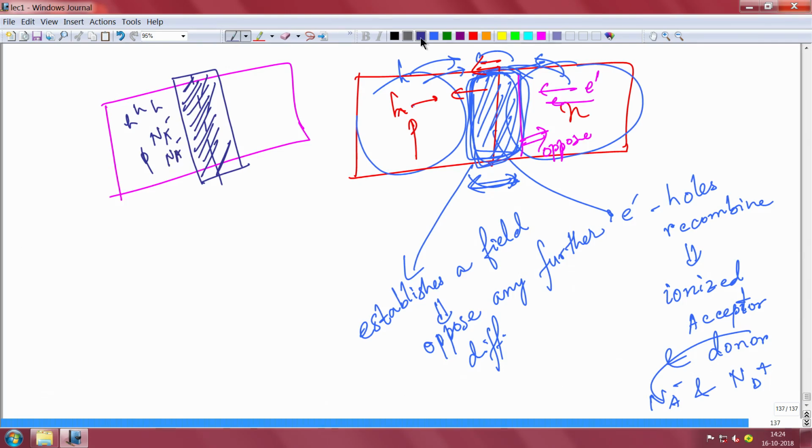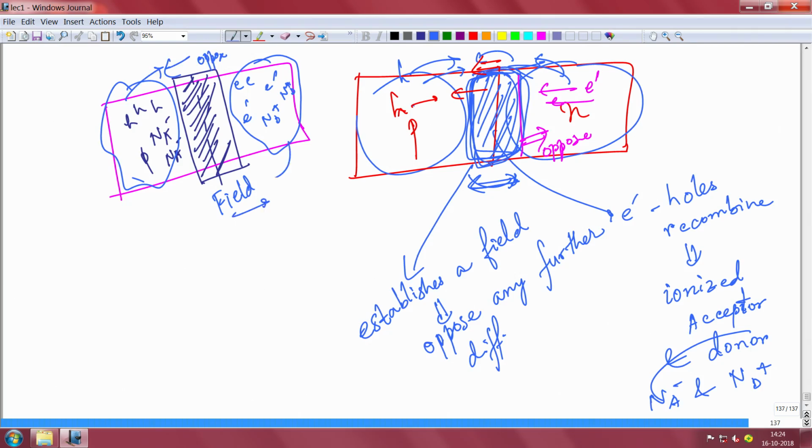Similarly here you have a lot of electrons and an equal number of positively charged Nd. So these are all balanced. The total number of electrons here is exactly equal to the total number of Nd plus, so it is charge neutral, and here also it is charge neutral. But there is a field here, that field will make sure that no more holes can come, and that field will also make sure that no more electrons can come.